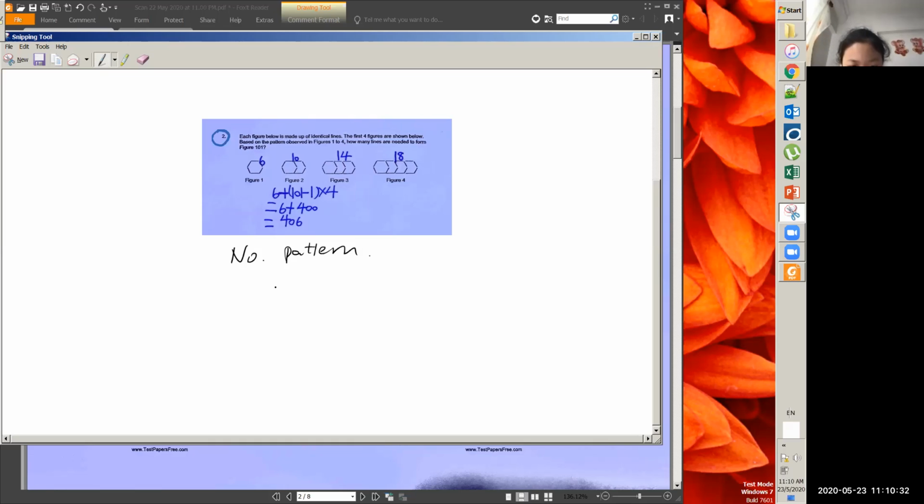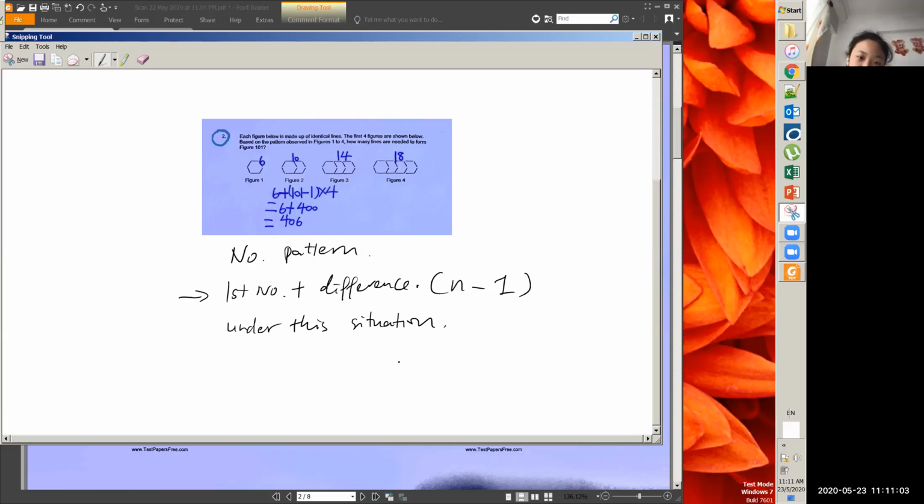Our formula for number pattern questions is first number plus the difference times n minus 1. Am I right? By the way, this formula only works under a certain situation. What situation is this?